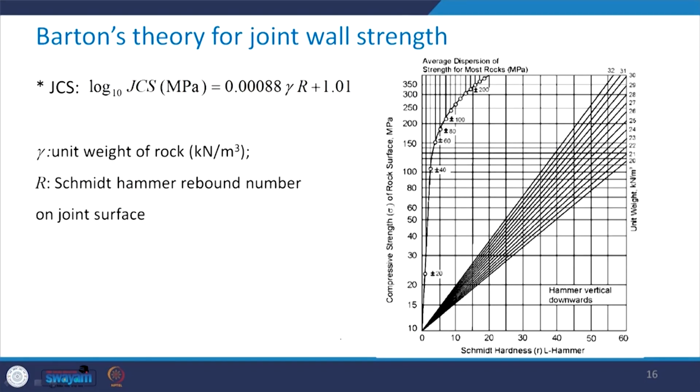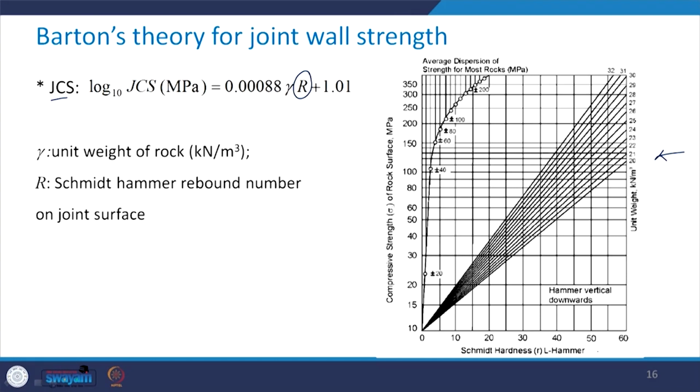Now, how to determine this JCS and JRC. This JCS can be determined from the Schmidt hammer rebound number on the joint surface, which is denoted as R. We are familiar with this figure.